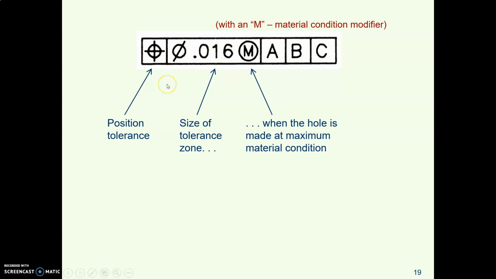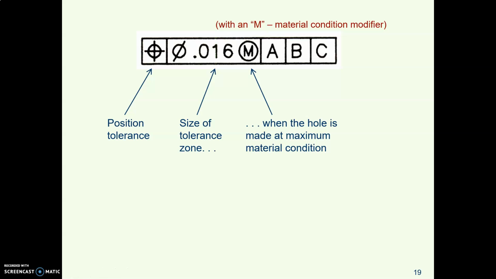It reads kind of like a sentence. So this feature control frame says, control the position of this hole, have the center of the hole lie within a tolerance zone with a diameter of 16 thousandths when the hole is made at maximum material condition.